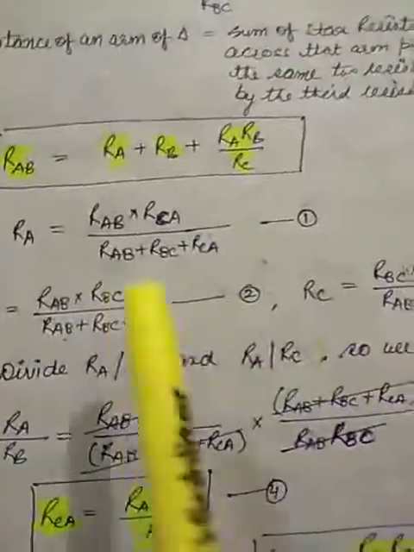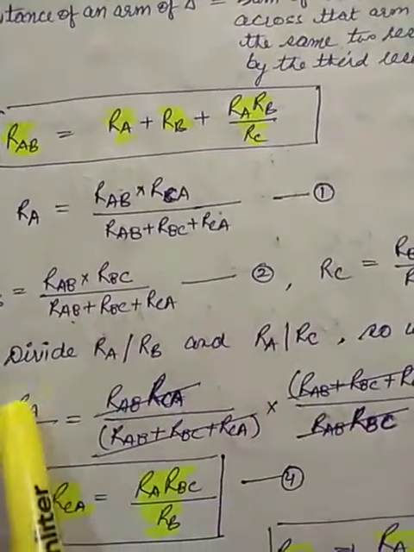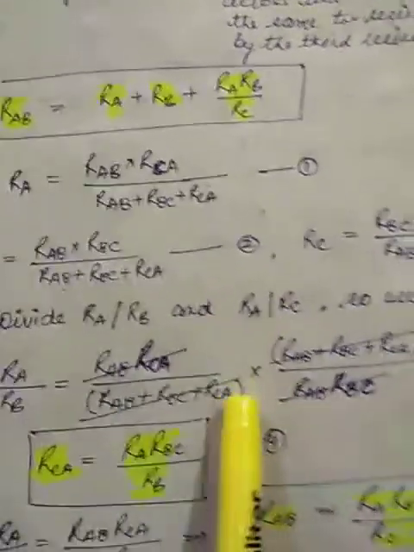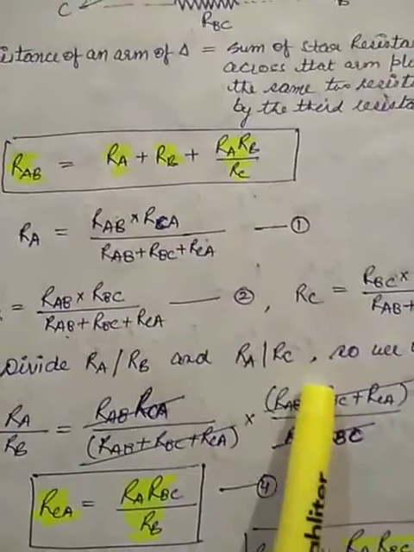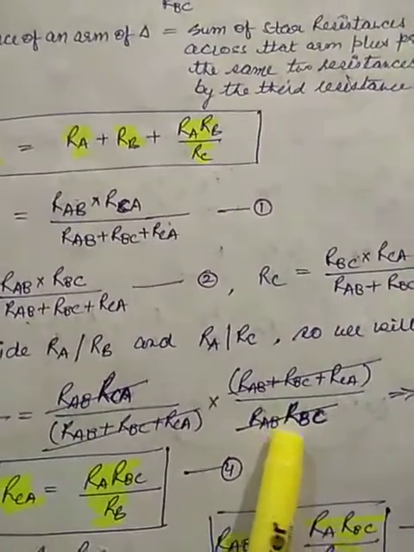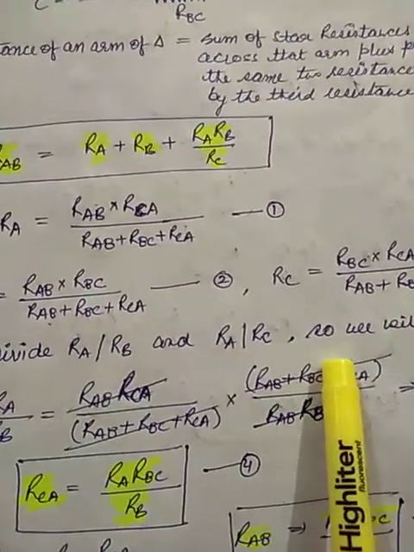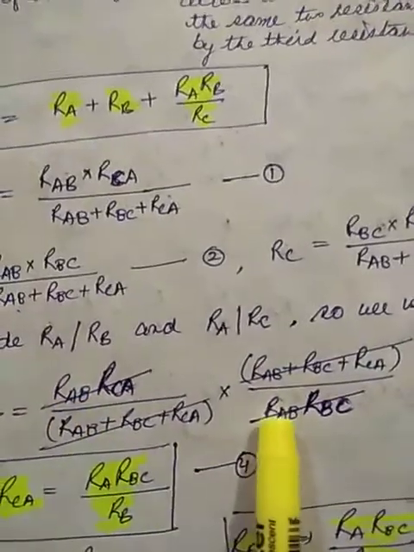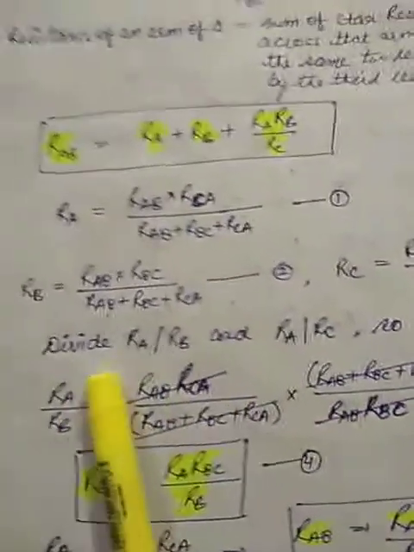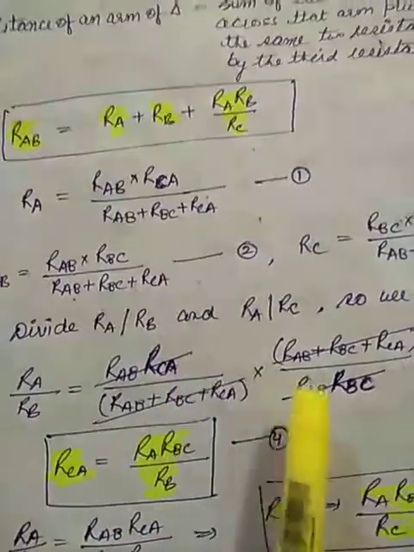When we divide these two terms, the denominator becomes the numerator and the numerator becomes the denominator when multiplying. Two terms cancel each other; here RAB is cancelled out. Then we get RA divided by RB is equal to RCA divided by RBC.